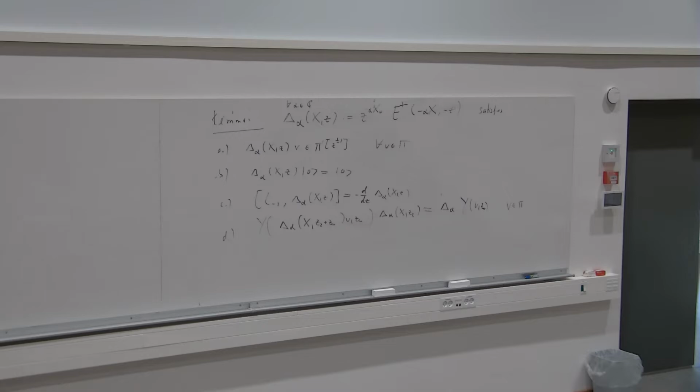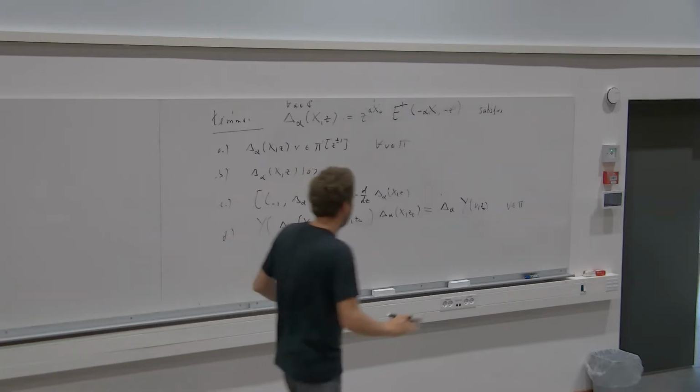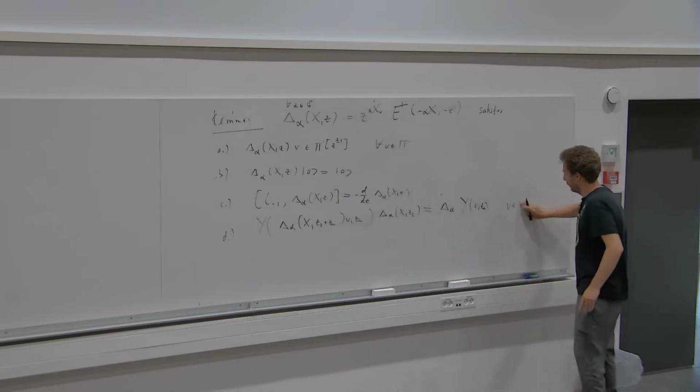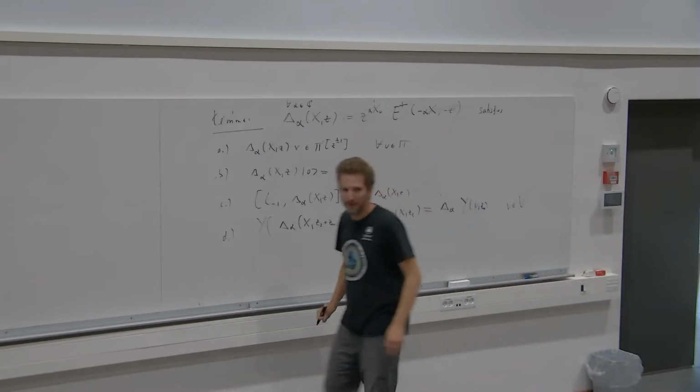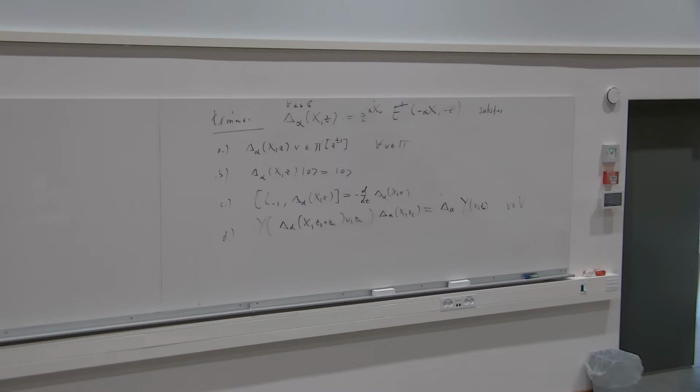Let me have a... Yeah, here v is correct. So, okay, good. But now let's take the special case where our vertex algebra is just.